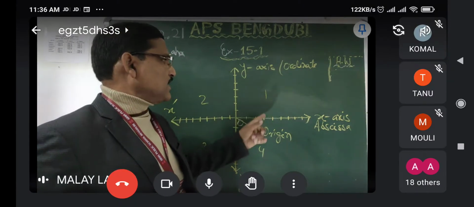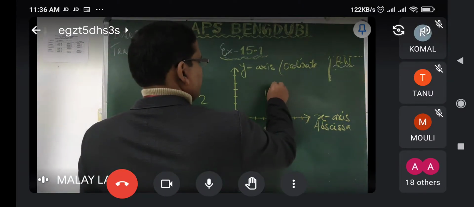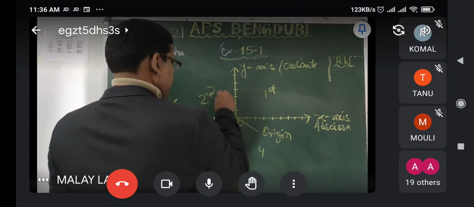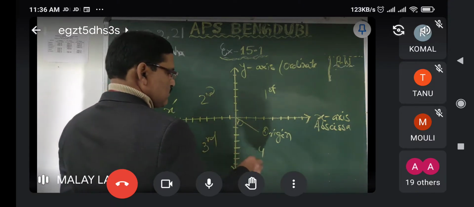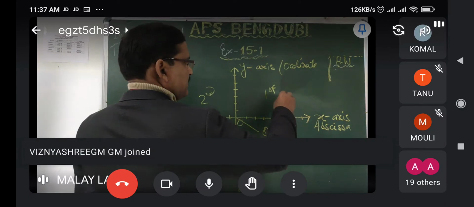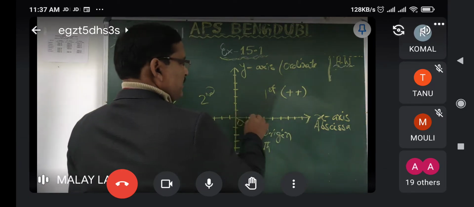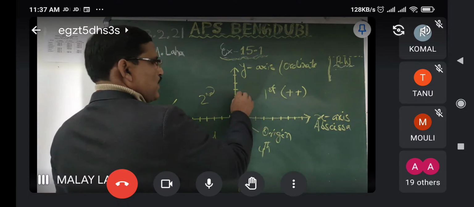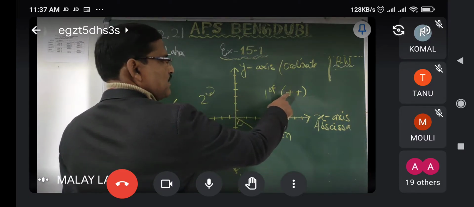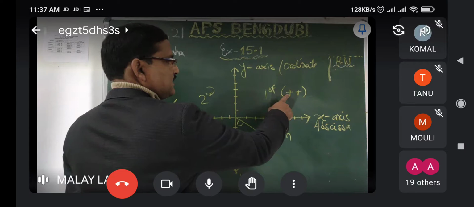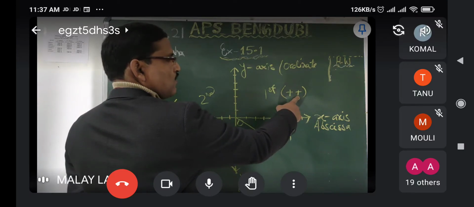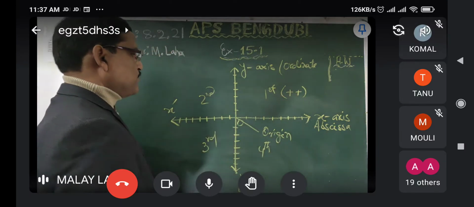This is the first quadrant, then second quadrant, third quadrant, fourth quadrant. On this side, the value of the x-axis and the value of the y-axis both will be positive. The first value is for the x-axis, the second value is for the y-axis. Both the values are positive.